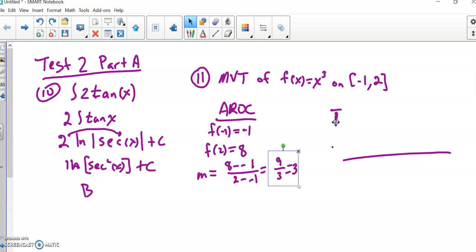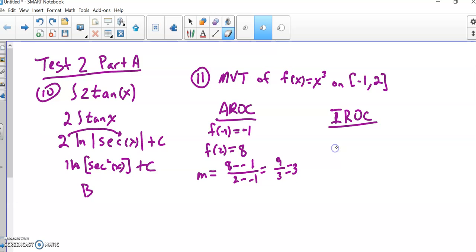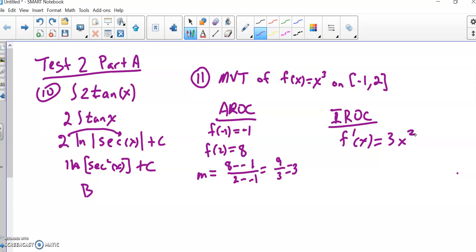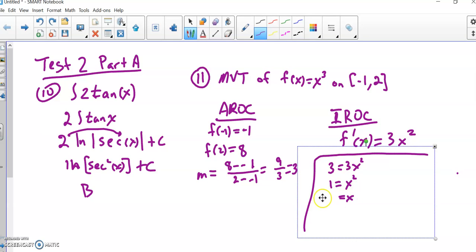And then the instantaneous rate I'm going to set equal to that. I take the derivative, which is simply 3x squared. Setting 3 equal to 3x squared, I get 1 equals x squared, so x equals plus or minus 1.